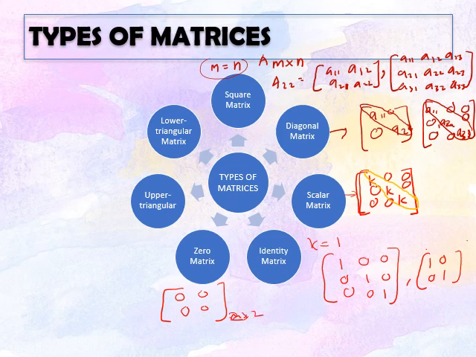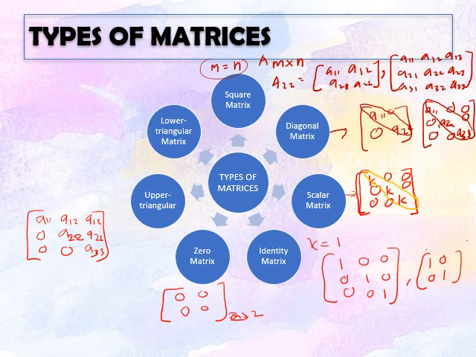For example, upper triangular. All of these are square matrices. Upper triangular: you have the diagonal A11, A12, A13, for example the 3 by 3 matrix. Upper triangular means the values here are zeros, but here they are not: A13, A22, A23.